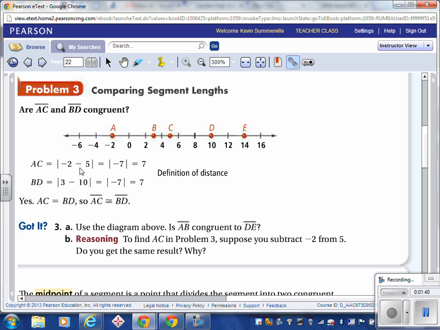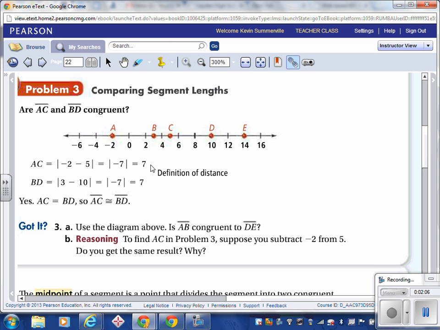So I would take that information, and we need to find the absolute value of -2 minus 5, which is 7. Then we need to take the absolute value of BD, B being 3, D being 10. So we subtract those two, find the absolute value. 3 minus 10 is 7.